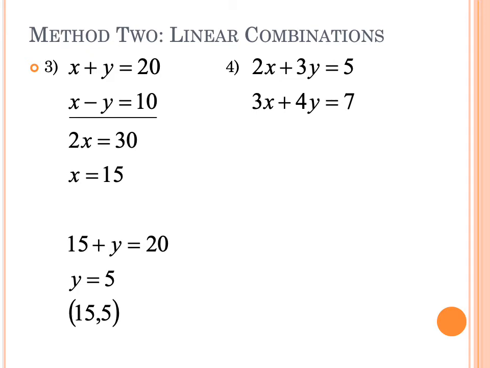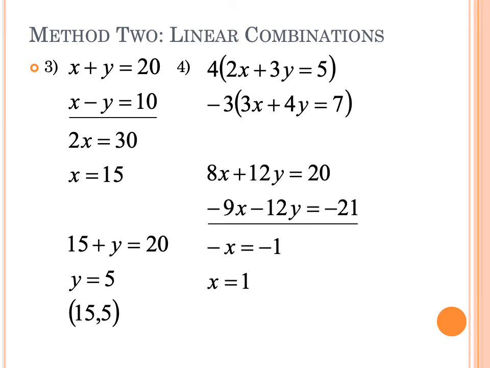What I mean by that is, again, going back to our principles from algebra, whatever we do to one side, we can do as long as we do it to the other. So I can multiply through these numbers on any side as long as I do it to the other side. Sometimes you can do this by just multiplying one of the equations to change the numbers to something that's going to cancel out nice and neatly. Other times, like this one, you actually have to do it to both equations. So let me show you what that means.